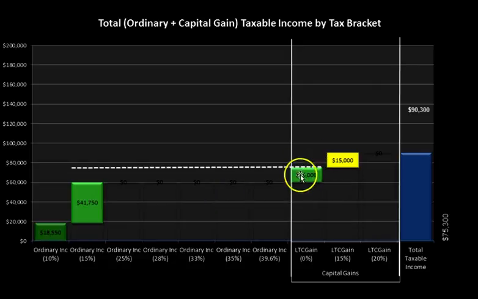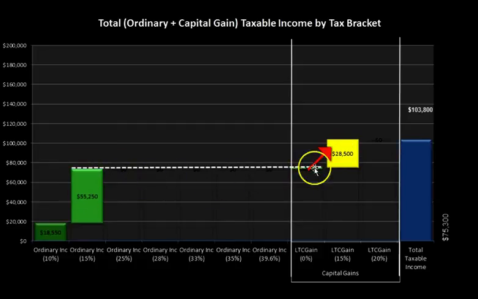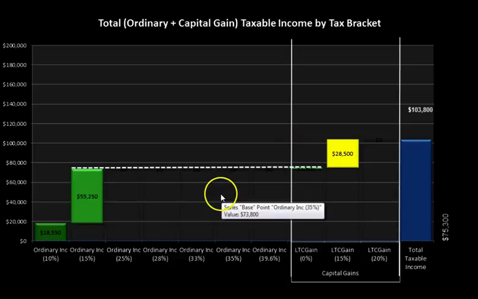Now watch what would happen to these gains if this client earned more income. As they add more income, it pushes the capital gains up and out of the 0% rate into the 15%. You see, capital gains get stacked on top of ordinary income.